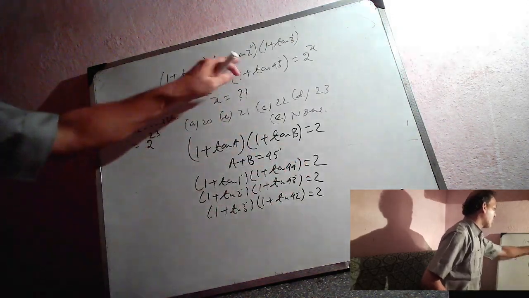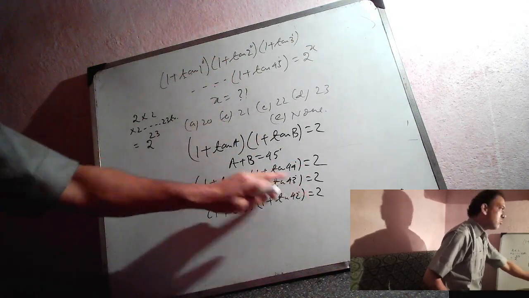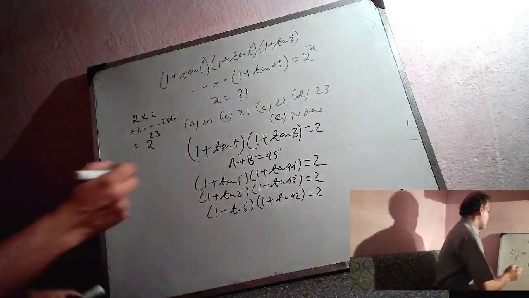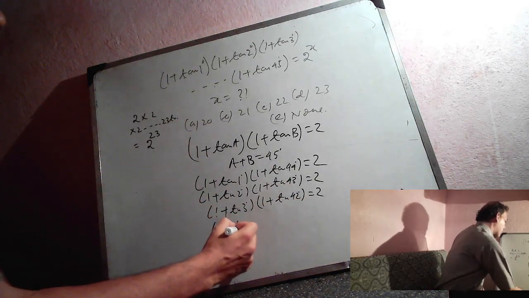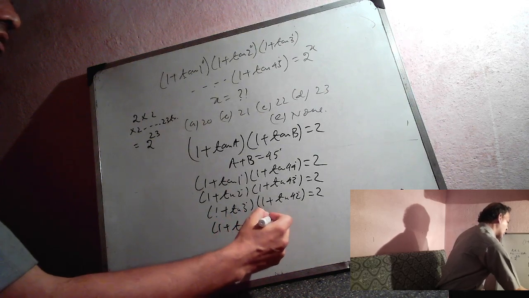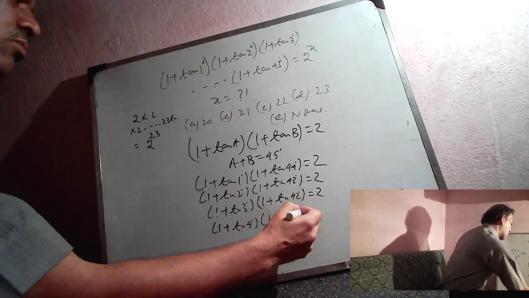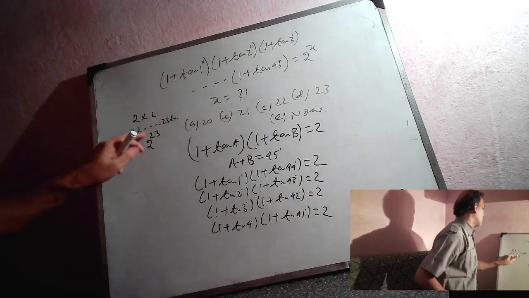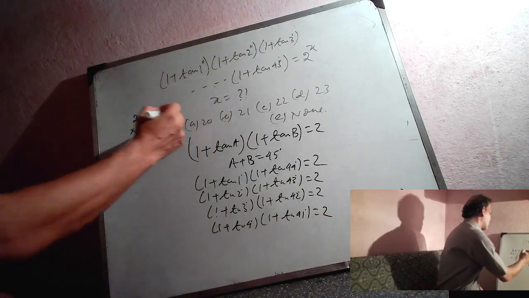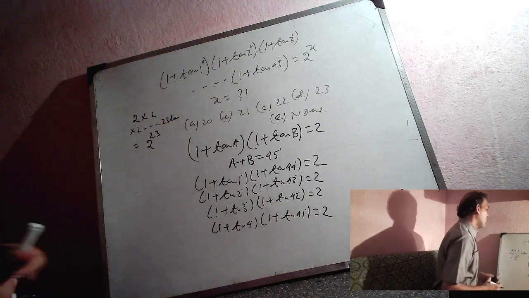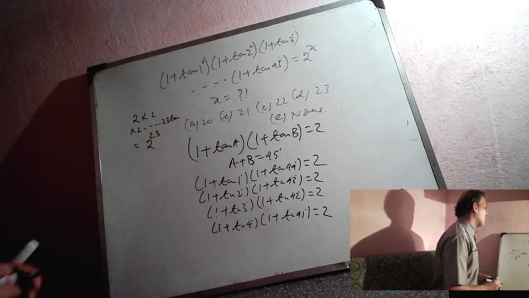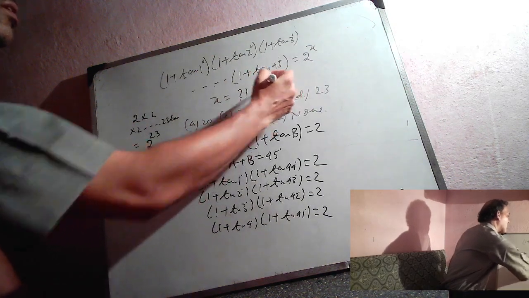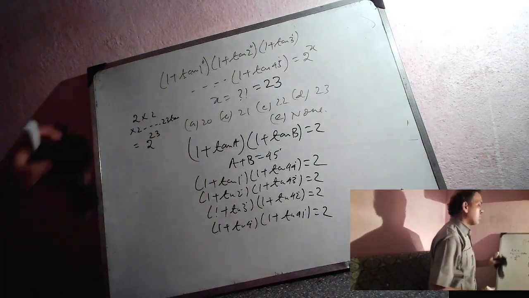Similarly, (1 plus tan 4 degree) into (1 plus tan 41 degree) is also 2. So multiplying 2 into 2 up to 23 terms, this will be 2 power 23. So the value of x will be 23. Thank you for being with me.